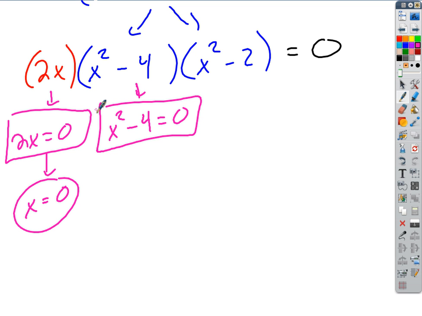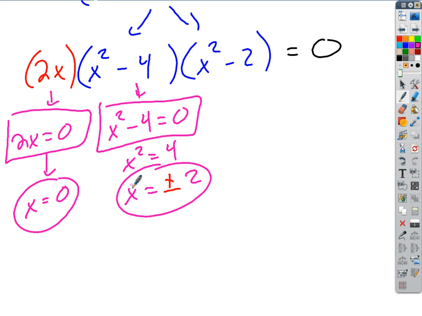What do I do to solve for x in that equation? Add 4 and square root. Good. So if I add 4, I get x squared equals 4. Now, if I square root, I get x equals plus or minus 2, right? So I got 2 more solutions, right?